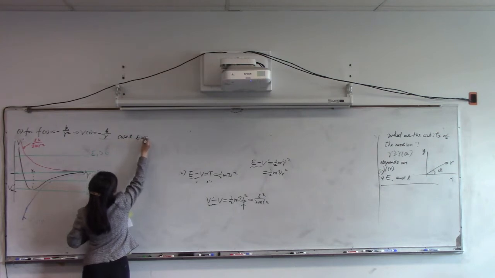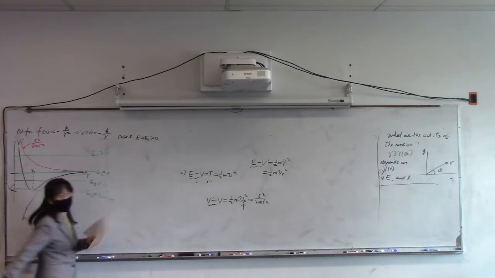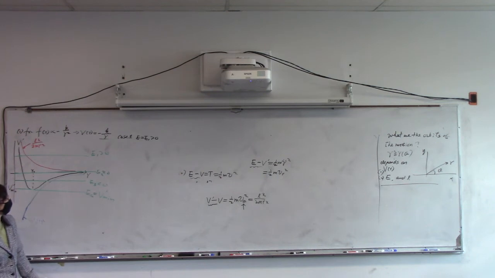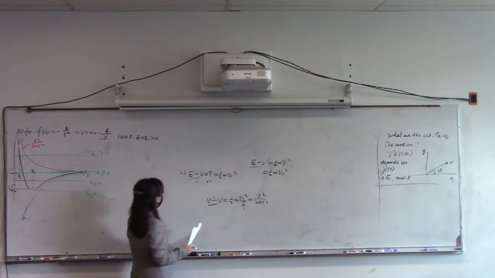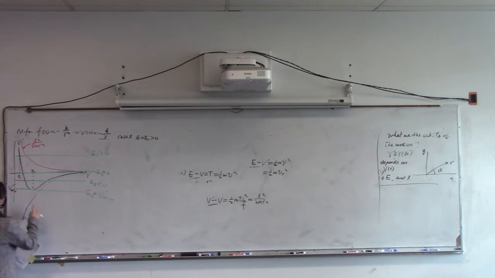Okay. So now let's consider case one. Energy equal to E1. Suppose the energy is positive. So what happens? You will see here, there is a cross here, right? Then the energy equals V prime. So we have R1, the point. Okay. How about this? Is there any motion below R1 or not?